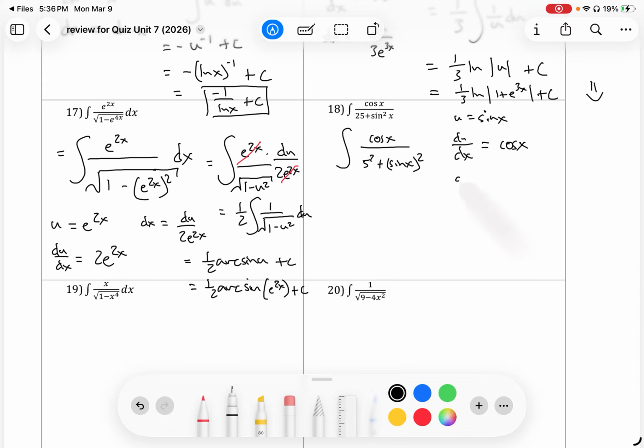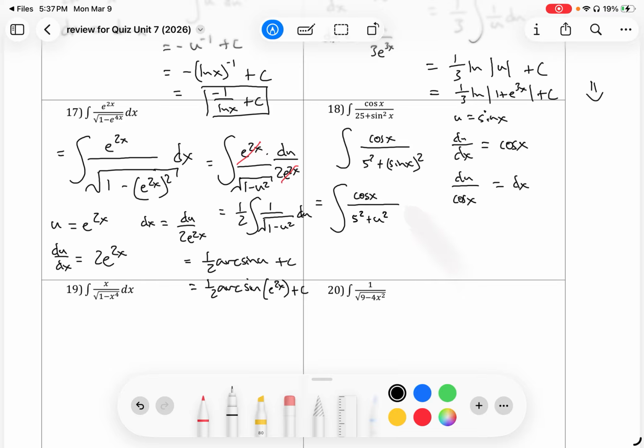And so that means du divided by cosine x would be equal to dx. So plugging things in, I get the antiderivative of cosine x over 5 squared plus u squared times du over cosine x. I'm having to really slow down to wait for this thing to catch up.